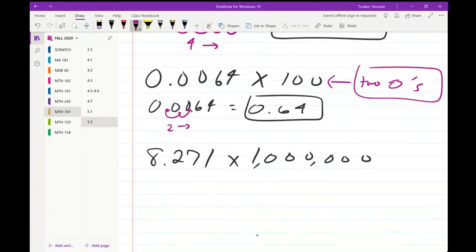And last one like this. This time we have six zeros.